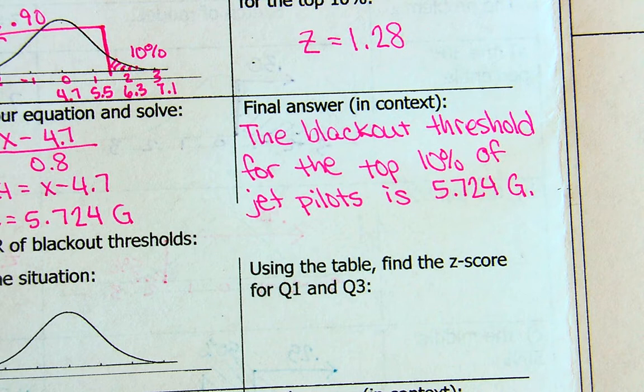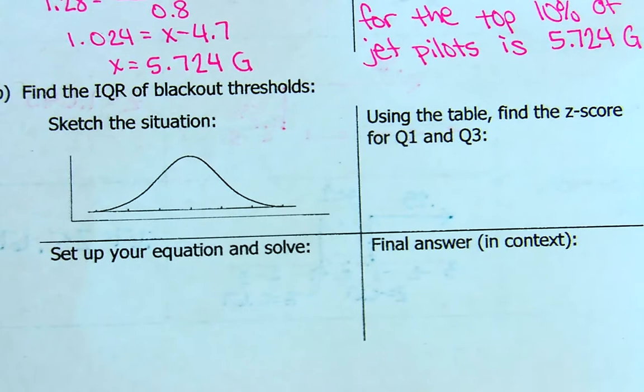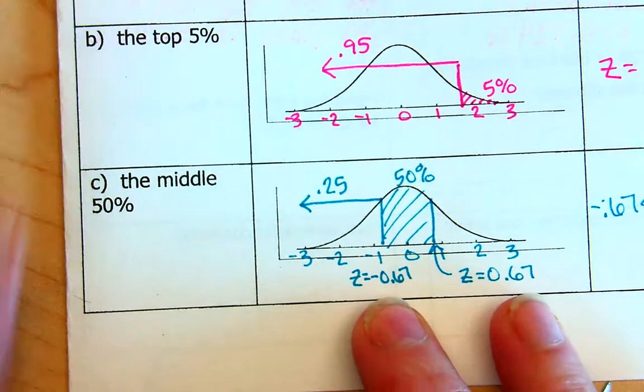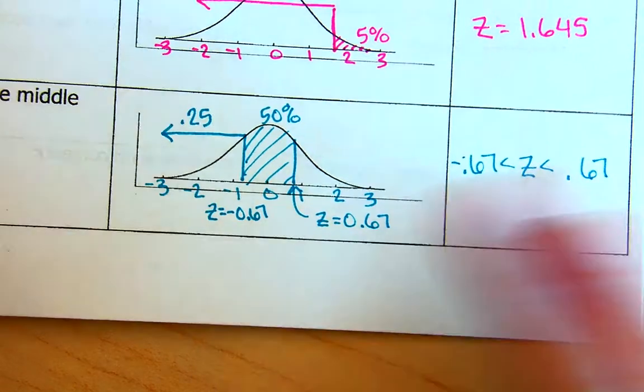Starting to feel a little better with it? Seeing the process a little more, hopefully. Okay. Next, we're going to look at IQR. So this is the middle 50%. So we're going to go back to what we did over here, and we know those Z-scores are positive and negative 0.67.